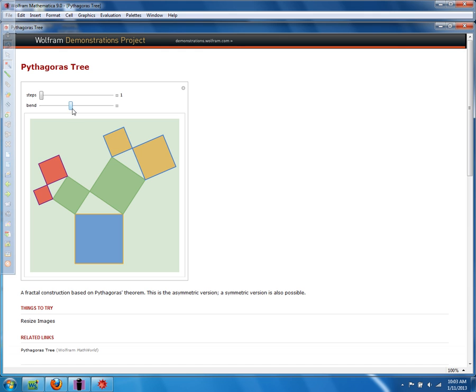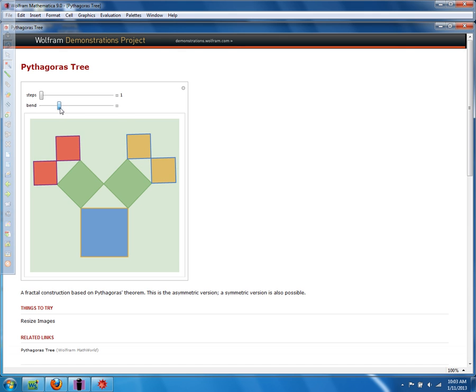So what we've got here is a triangle, and here are the squares that I've drawn on each side. A squared plus B squared equals C squared. So what I do with the smaller squares is I draw a smaller triangle on each side of that square, and then draw the squares on the side of that triangle.